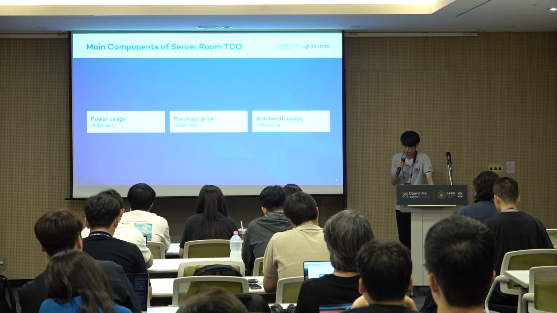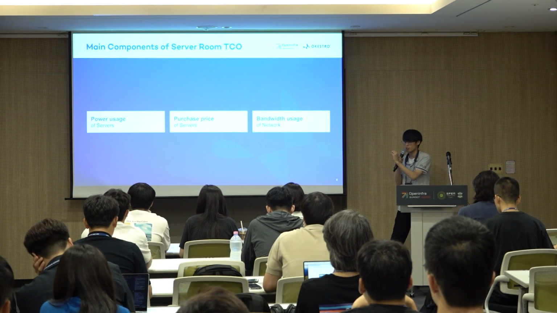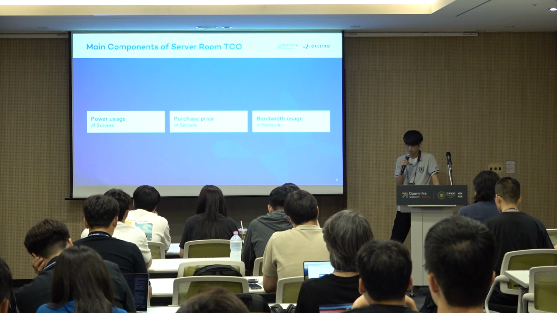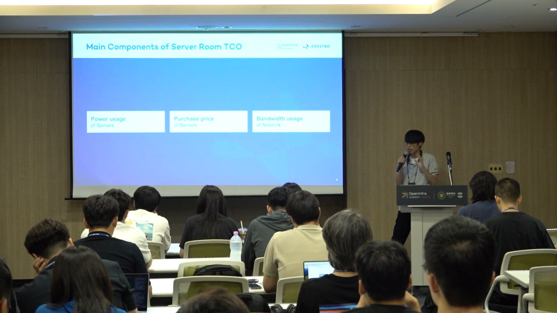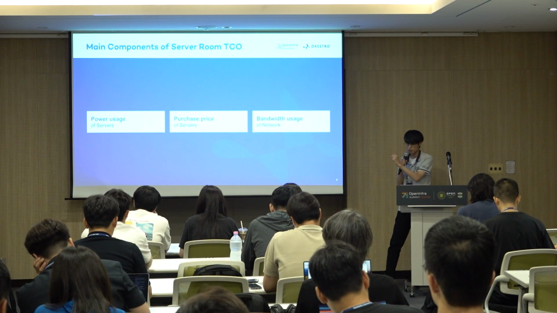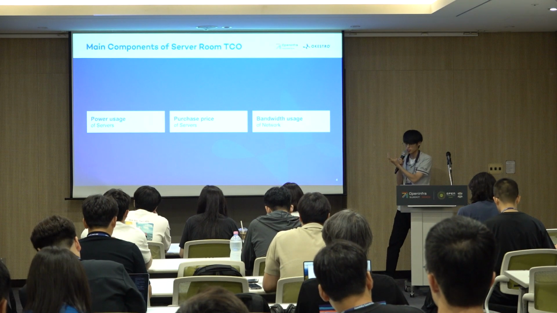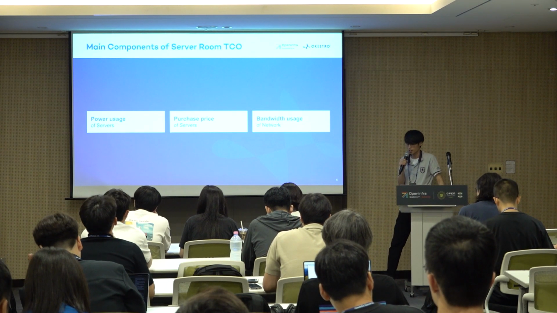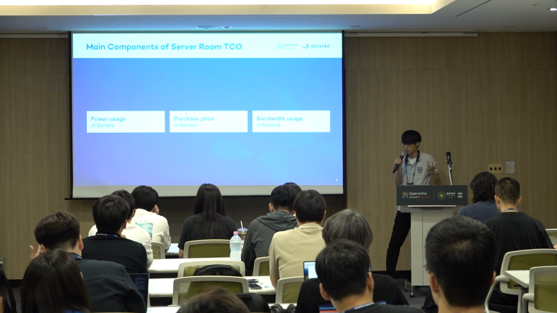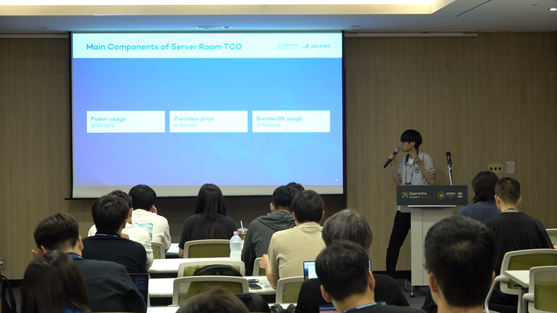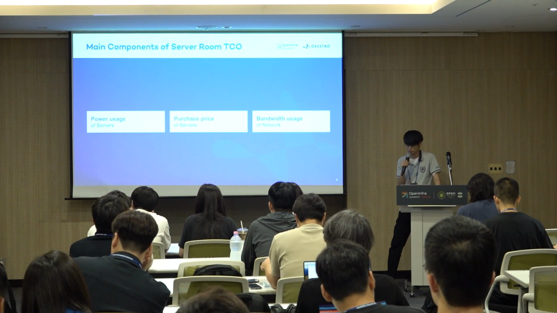I would like to explain this in more detail, step by step. First, the power usage of servers is highly dependent on computing resource utilization, including VM utilization, CPU utilization, or load utilization. Higher workload leads to higher power consumption, and consequently higher cost.